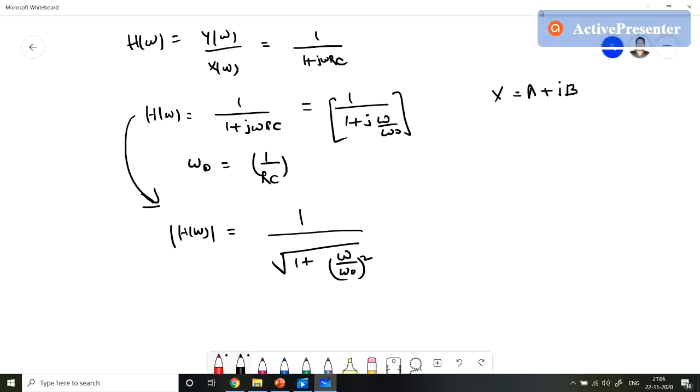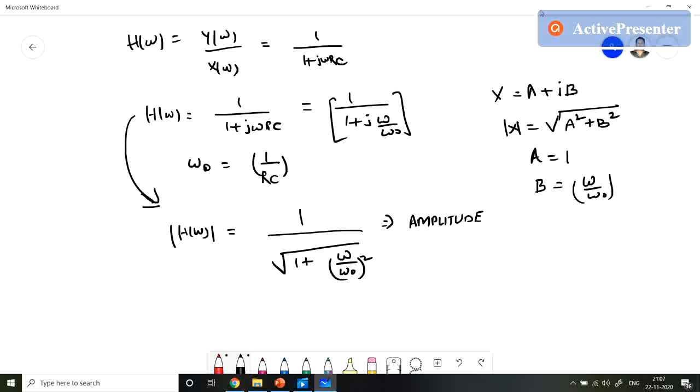Let it be x, then the magnitude of x is the square root of a squared plus b squared. a is 1, and b is simply omega divided by omega naught. So this is basically the amplitude spectrum.